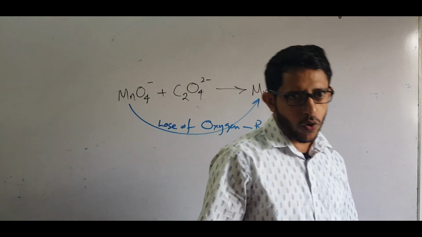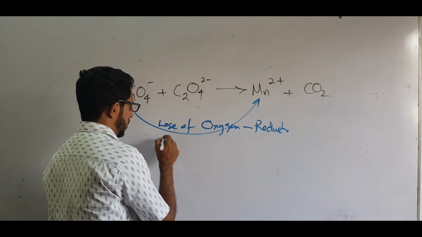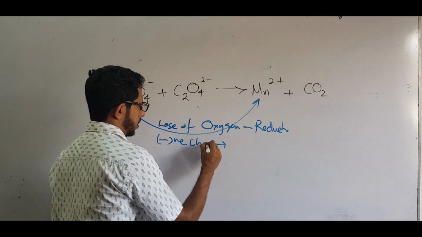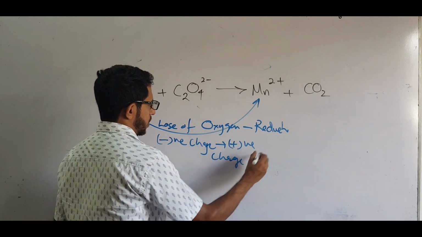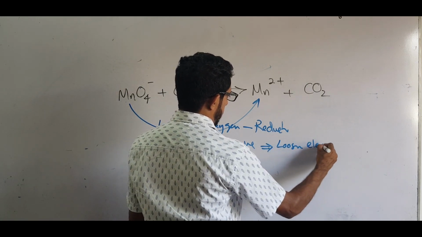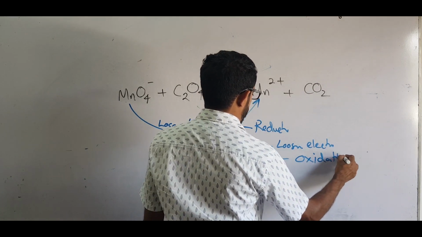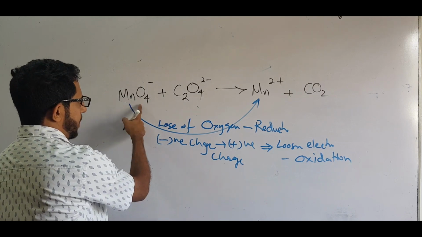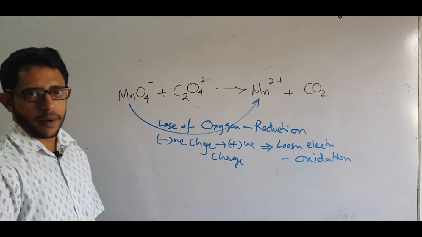When electrons are removed, it becomes positive, right. Negative charge to positive charge means losing electrons, so oxidation. So in MnO4 minus, Mn looks like it has undergone reduction as well as oxidation, and only one can be correct.